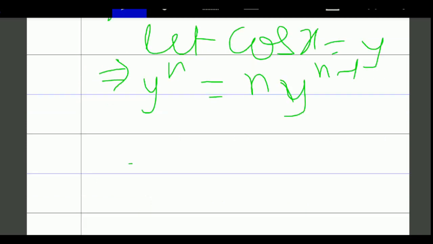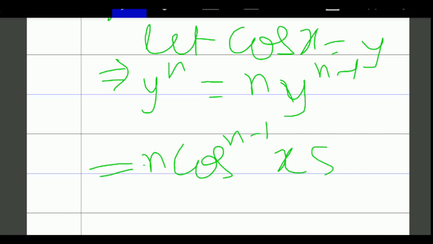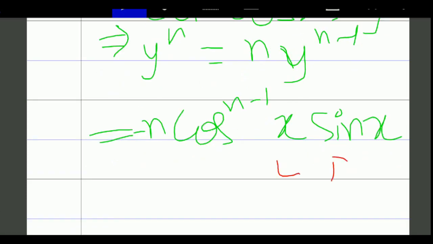Placing this, it becomes n into cos^(n-1) x. Then differentiating cos x becomes minus sin x, that minus here, sin x. Consider this as 2.